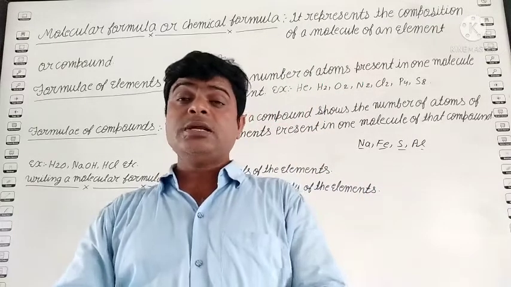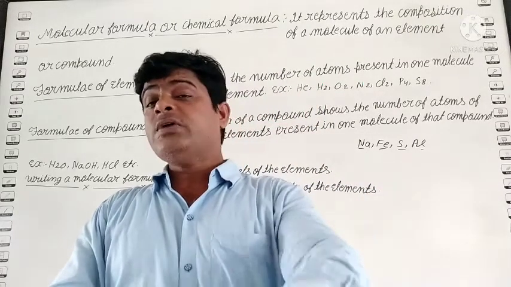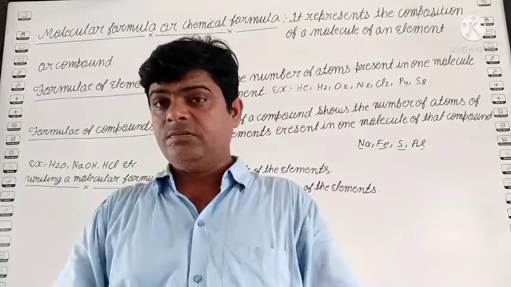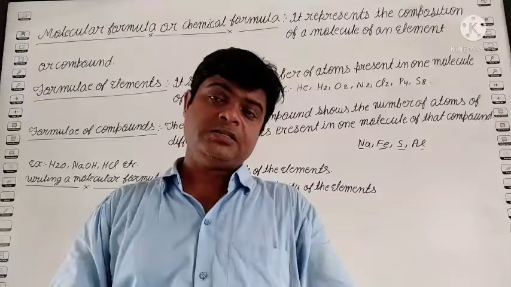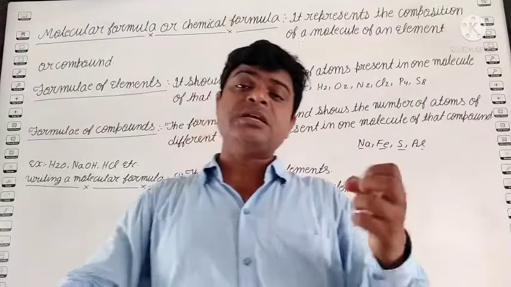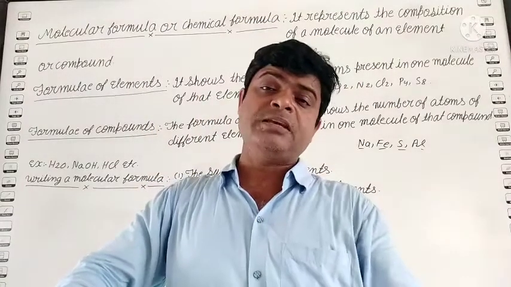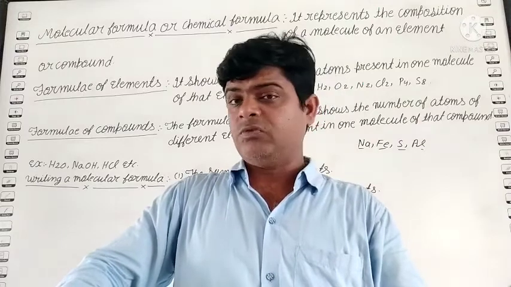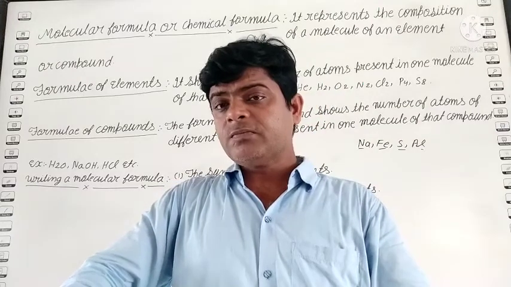So the question is, how do we write their formula? In mathematics we write different symbols. Similarly, how do we represent any compound or element with the help of a formula?